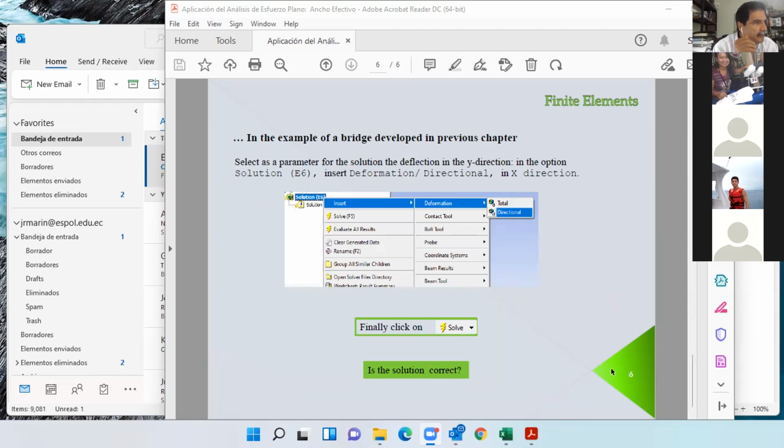Okay. And finally, in ANSYS, what you have to tell the program is what results you want to calculate. Remember that when you solve the system, you have the displacement of the joints.